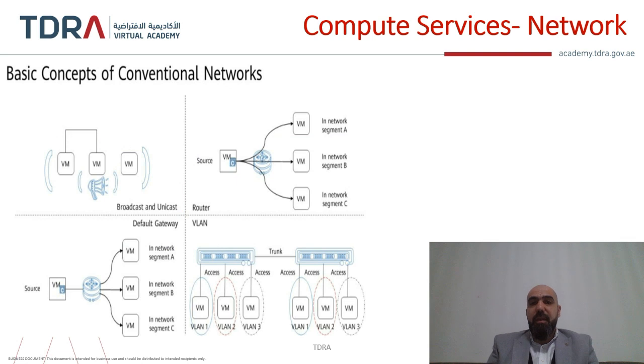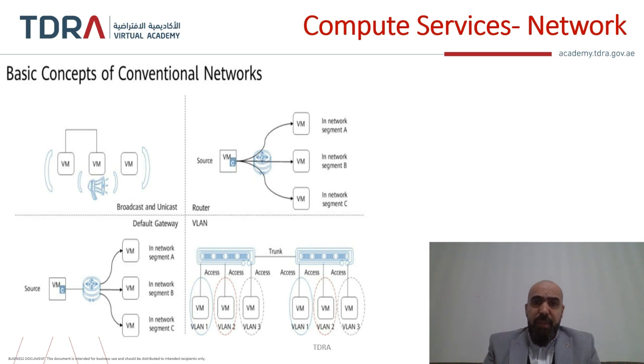The next thing after the compute services is the network. Let's talk about the network components that we have in our infrastructure. We have layer 2 switches, layer 3 switches, and also routers and firewalls. All these make up our network.